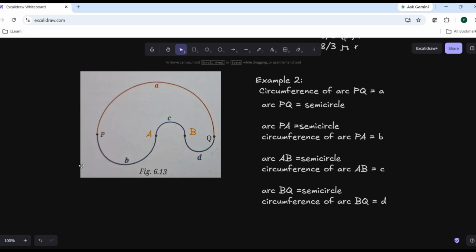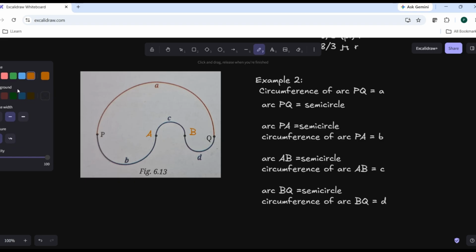Now the question is, they are asking about the distance between P and Q, which is this length A. There are two paths of going from P to Q. One is through this route, taking this arc A. The second one is the roundabout way, going this way.